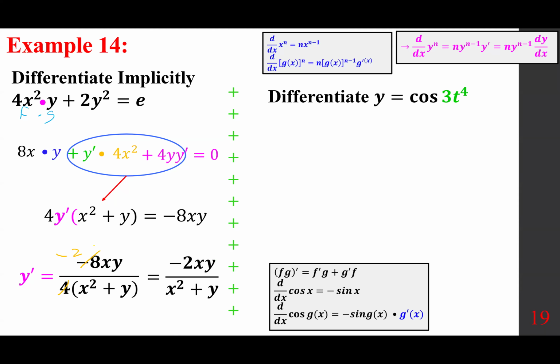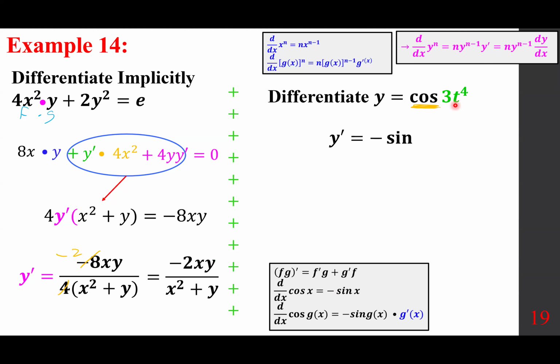We want to differentiate y equals cosine of 3t to the power of 4. As I've mentioned many times before, one easy way is to say cosine and stop. We know the derivative of cosine is negative sine, so negative sine. But if it's x, it's x. If it's not x, but g of x, you put g of x.